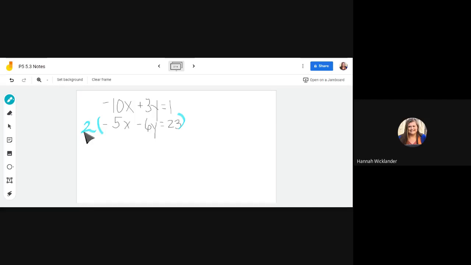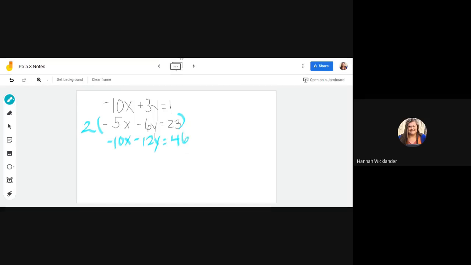So 2 times negative 5x gives me negative 10x. 2 times negative 6 gives me negative 12y, and then 2 times 23 gives me 46.